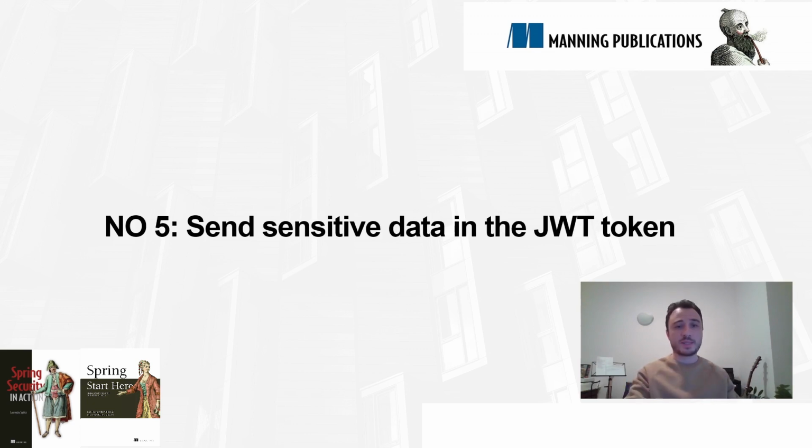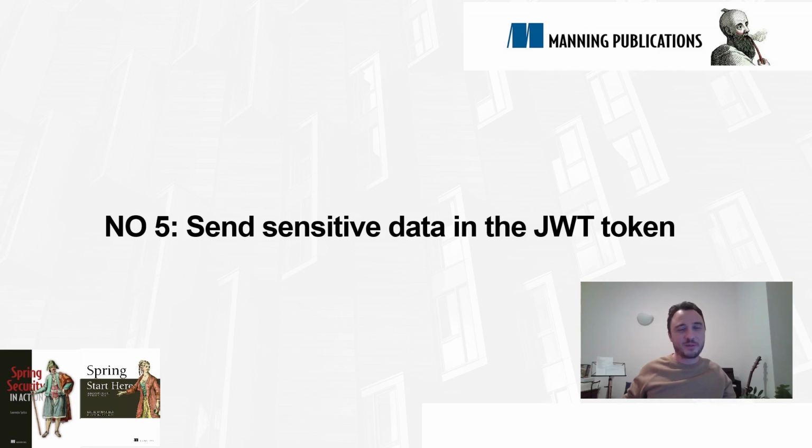Number 5, sending sensitive data in the JWT token. I said that before. I didn't remember that I had added this point here, so I already explained it. It was actually what I was trying to tell you that you shouldn't do. You do have the possibility to send sensitive data in the token, but then you need to encrypt it and not just sign it.